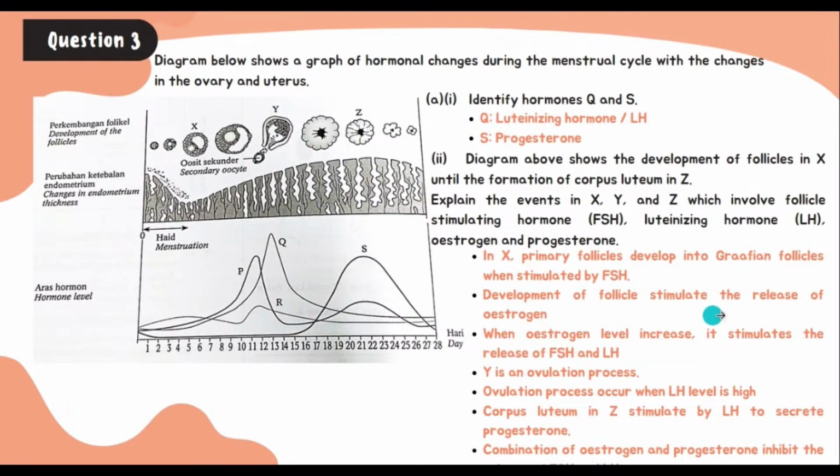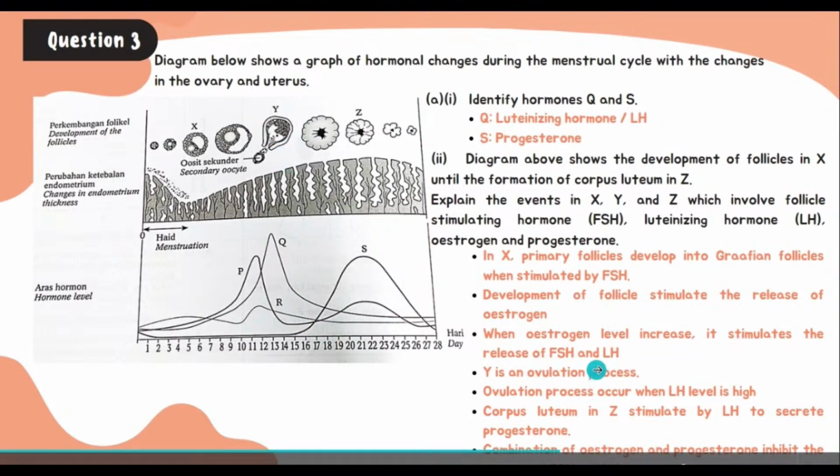The development of follicles stimulates the release of estrogen. Now we already state the second hormone. And then when estrogen level increases, it stimulates the release of FSH and LH, especially LH, luteinizing hormone. Now the ovulation process occurs when luteinizing hormone is at the highest level.